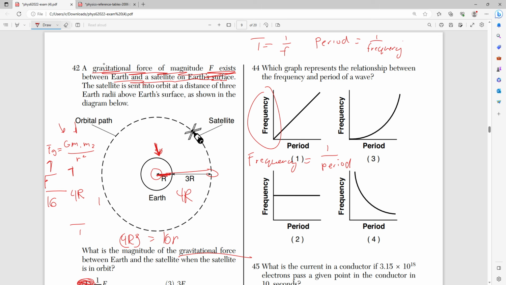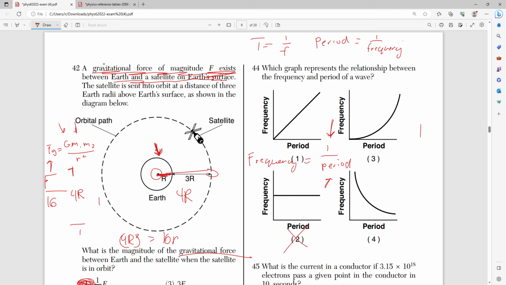So what I'm getting at here is that the answer is not going to be 2. The 1 cannot change. The only thing that can change is the period. So as your period increases, your frequency goes down because you're dividing this number by a bigger number.